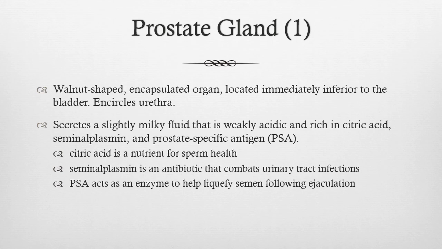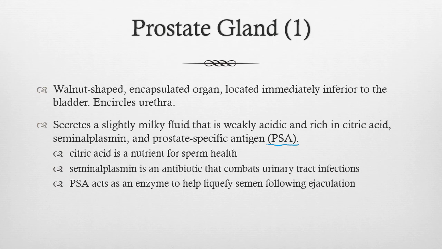As for the prostate gland's secretions, the prostate is just at the opening of the bladder and then continues down to the spongy urethra. It produces a secretion, and one of the more important aspects of what's there is prostate-specific antigen, which is going to be found both in the seminal fluid as well as in a male's blood.